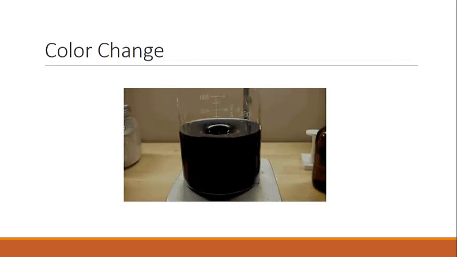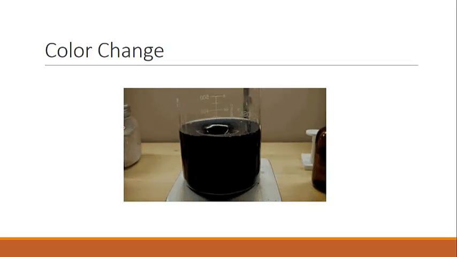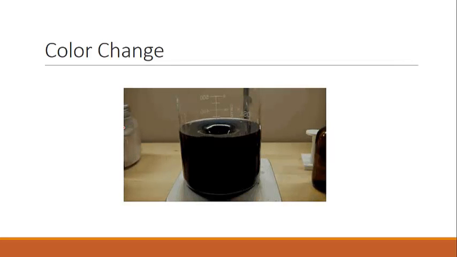This is a series of reactions that happen at a very consistent time interval. We see that one of the products is a black color, whereas another product is this clear, kind of yellowish color. And when that color change is occurring, that's a sign that a chemical reaction has occurred.